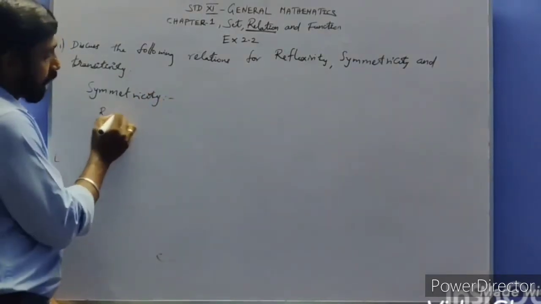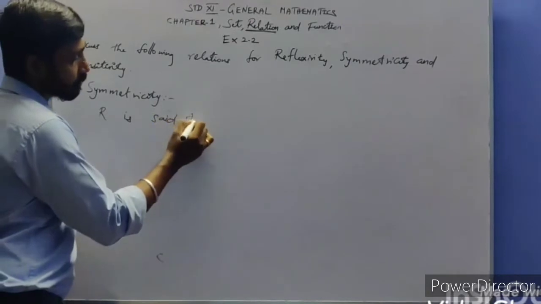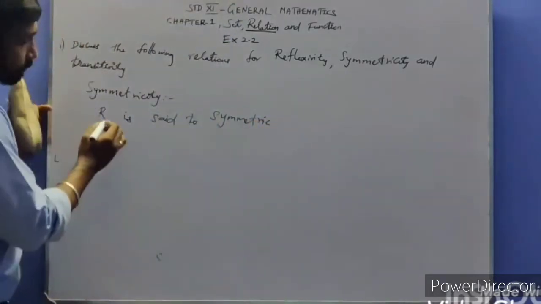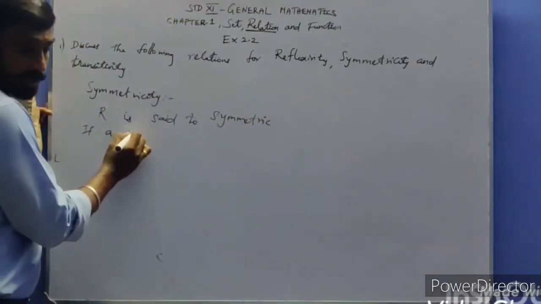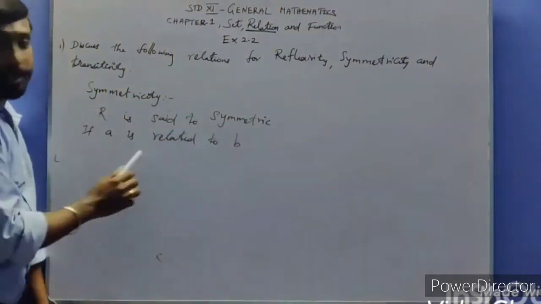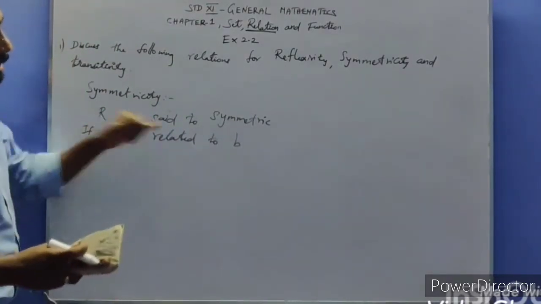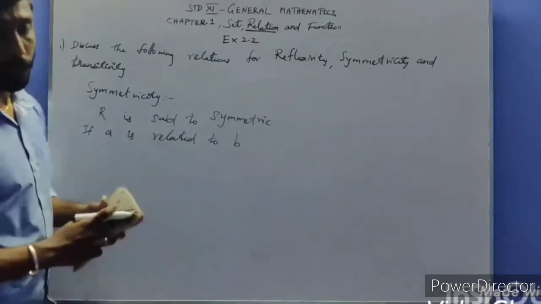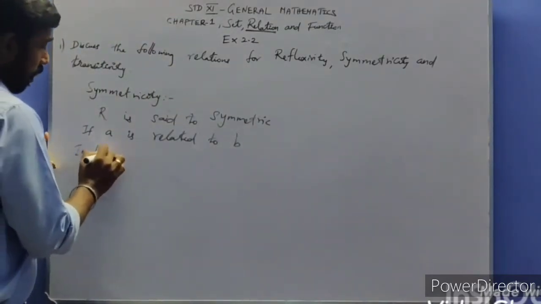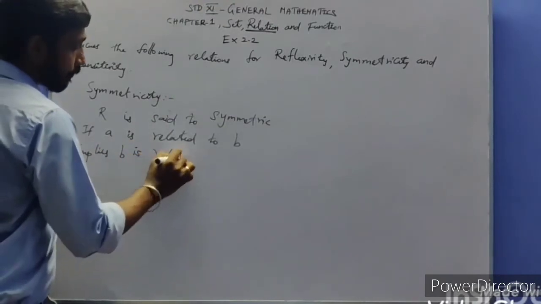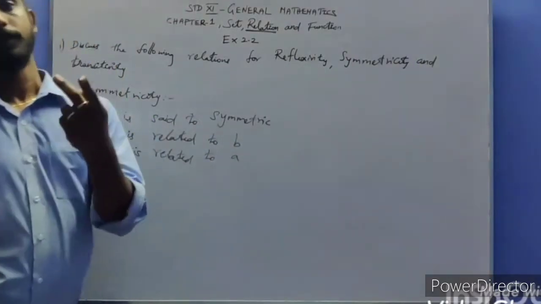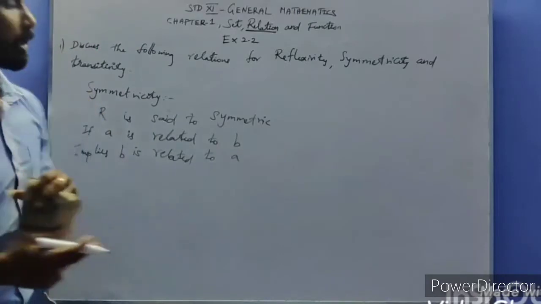R is said to be symmetric if A is related to B, then B is related to A. As an example, I am taking class for you, and you are taking class for me, that will be symmetric.